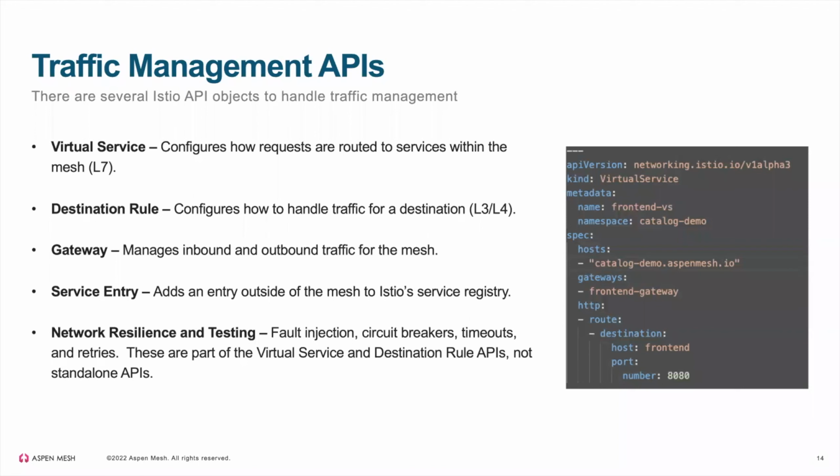So even internally, if you have service A calling service B, you could have a virtual service set up for service B that says, hey, if the URL has /v1, send it to service B's v1 instance. Or if it has /v2 in the URL, send it to v2 of the service B instance.